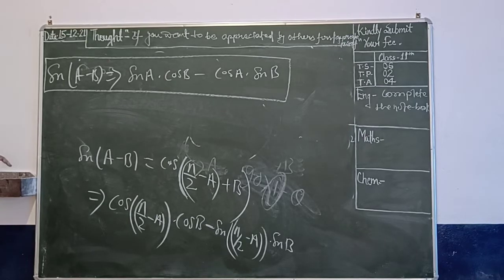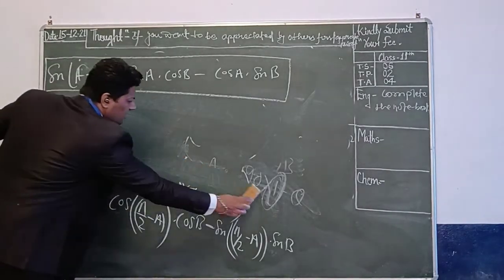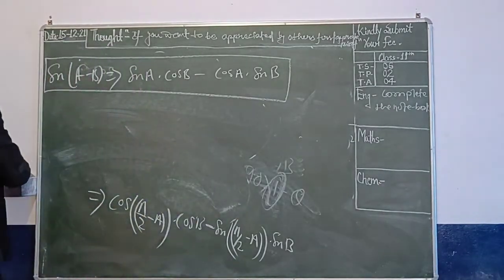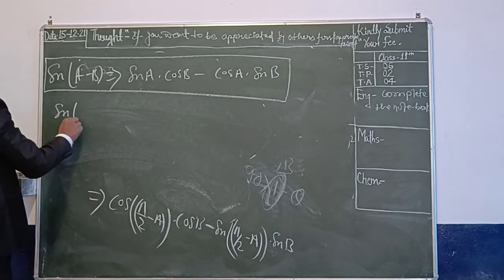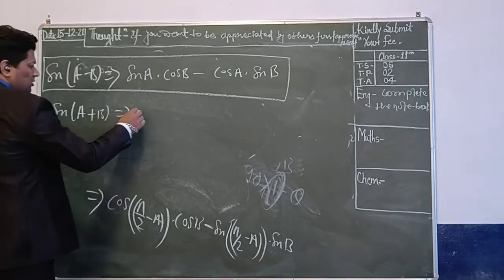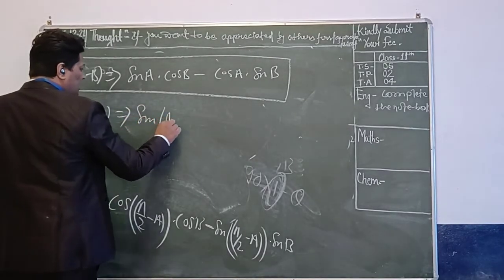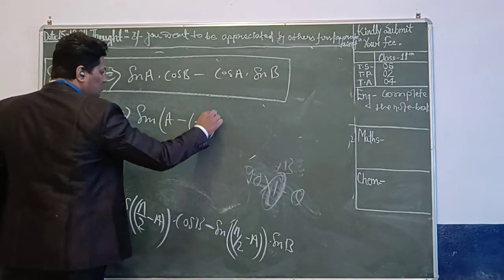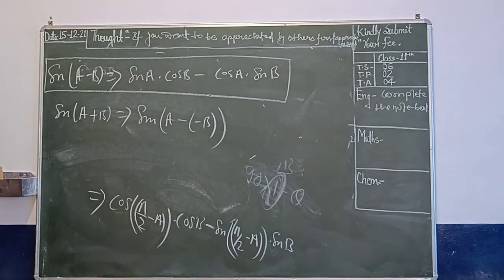Done. Now we have to calculate the formula of sin A plus B. For the calculation of the formula of sin A plus B, we can change sin A minus B. Is it clear?